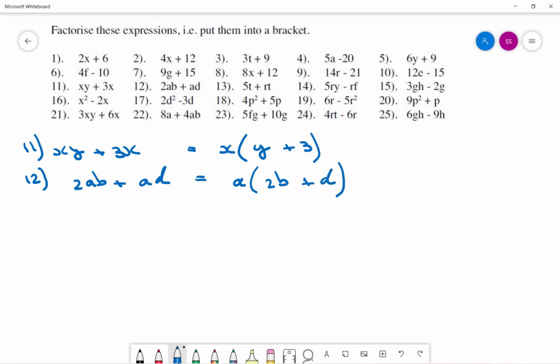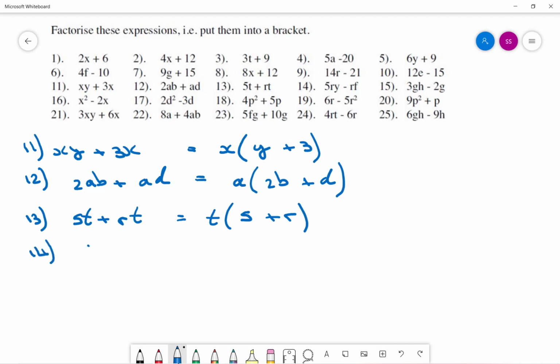So there's the answer to number 12. For 13, 5t plus rt. Our common factor here is going to be the t. 5t divided by t will leave 5, and rt divided by t will leave plus r.